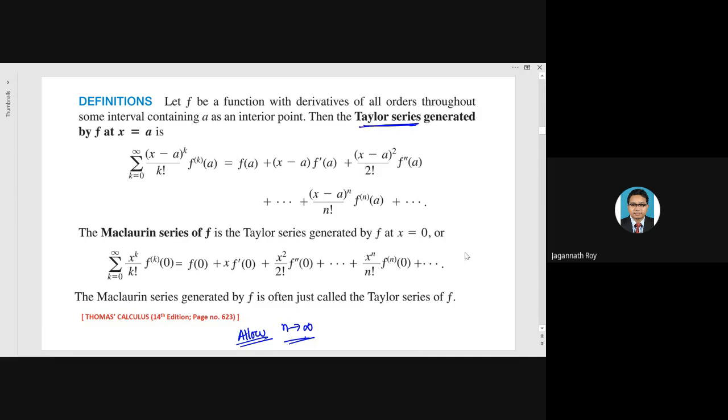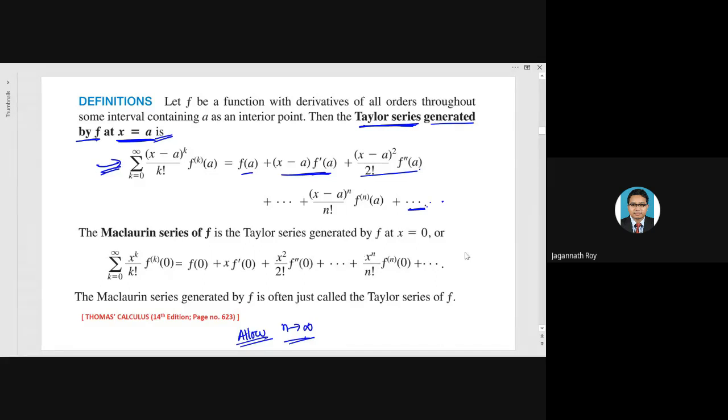The Taylor series generated by f around the point x equals a is defined by this. Here we put three dots, which means it goes to infinity.